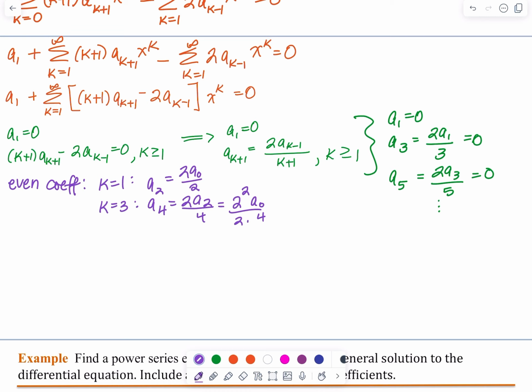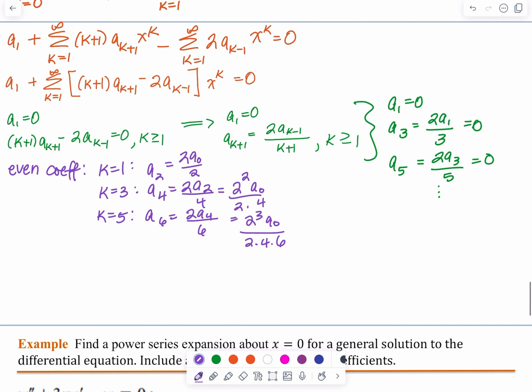Let's take a look at k equal to 5. We have a sub 6 is equal to 2a sub 4 over 6, and as you can see, this is 2 cubed a naught over 2 times 4 times 6.